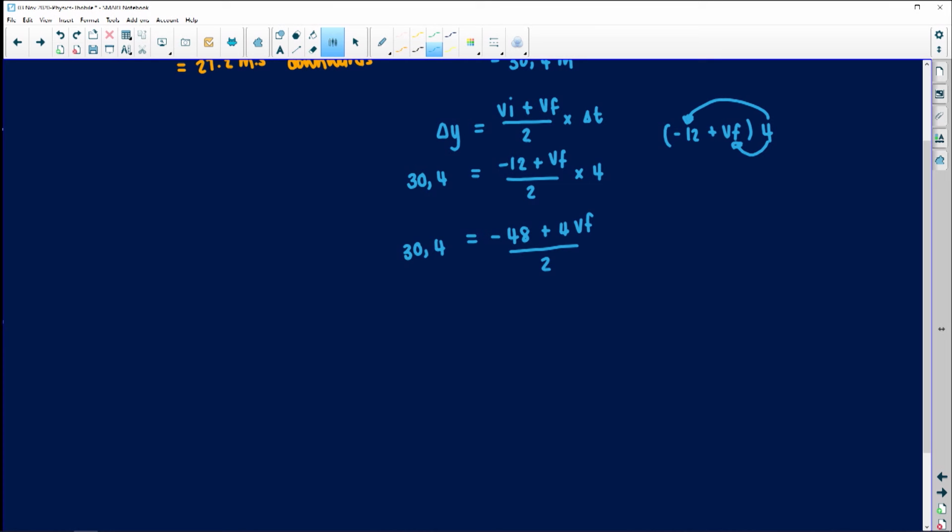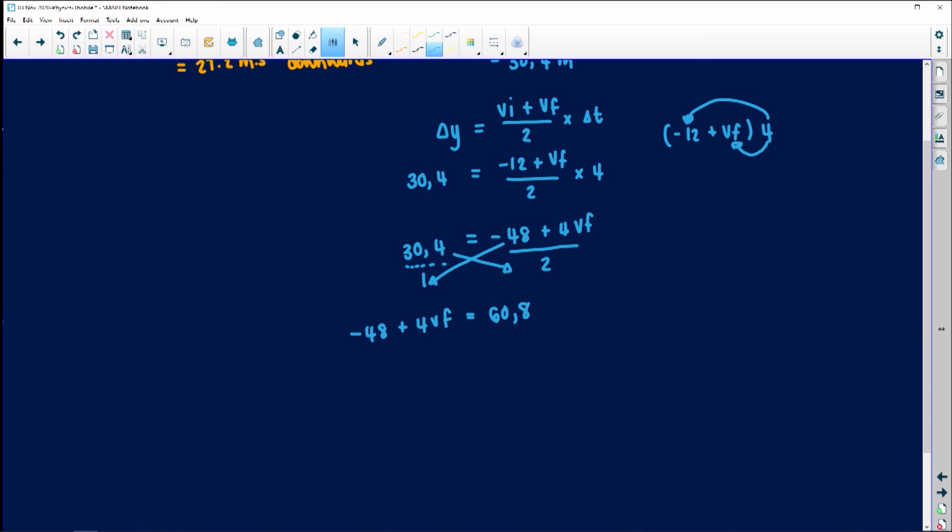Now, more mathematics. Remember, I have to then cross multiply. All of this multiplied by 1 remains itself, which will give me negative 48 on this side, plus 4VF equals 30.4 times 2. 30 times 2 will give me 60, 4 times 2 will give me 8. So that should be 60.8.